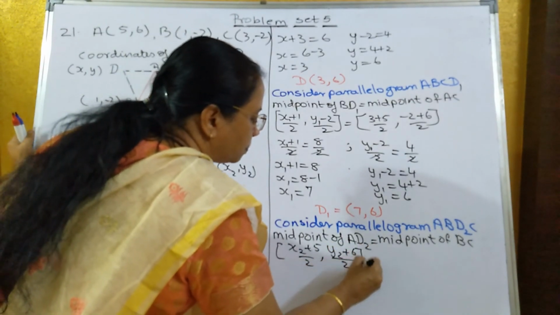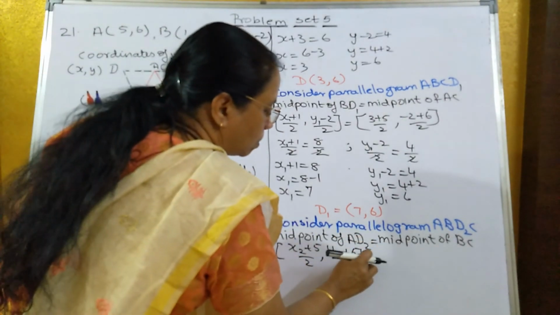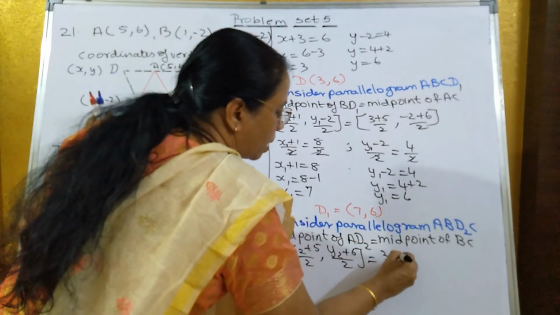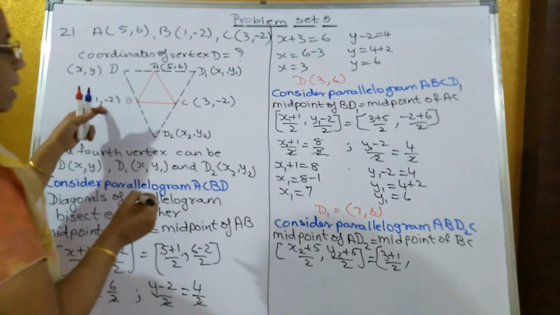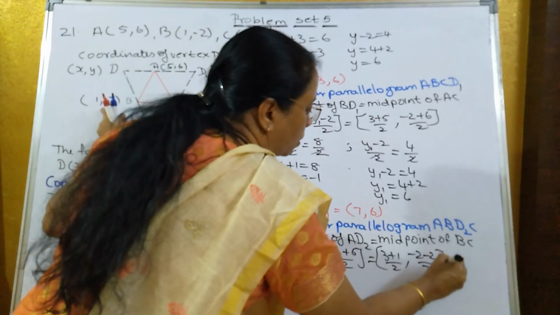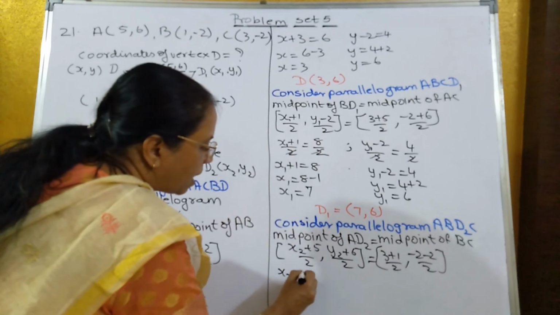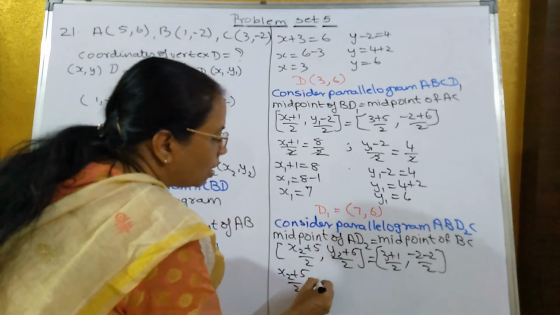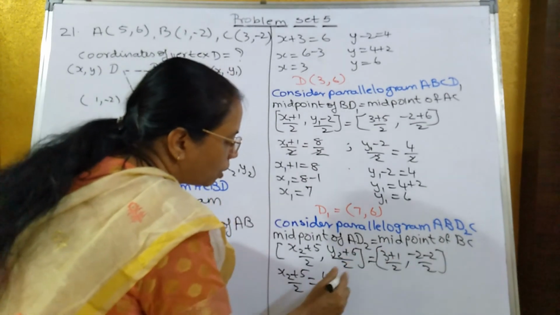upon 2 should be equal to 3 plus 1 upon 2 and minus 2 upon 2. Now we will take it separately. So x2 plus 5 upon 2 will be equal to 3 plus 1, which is 4 upon 2.